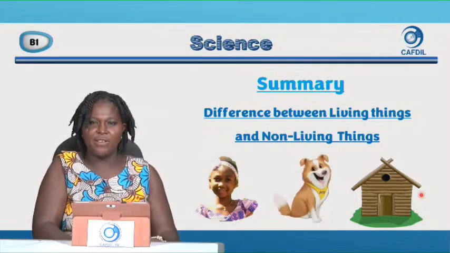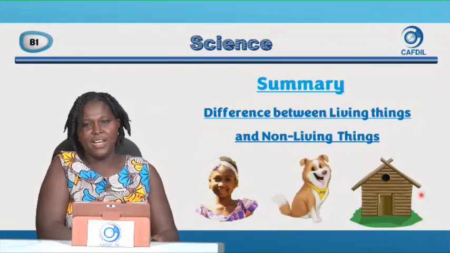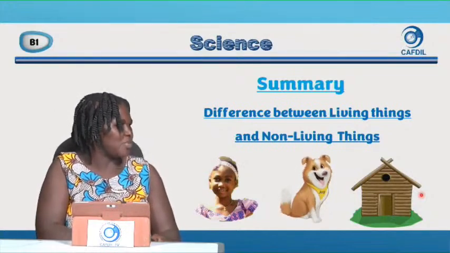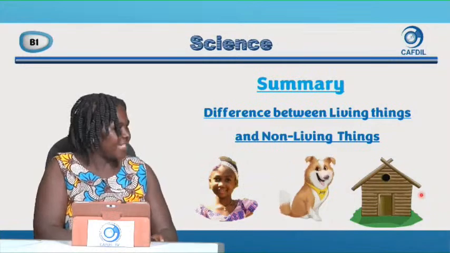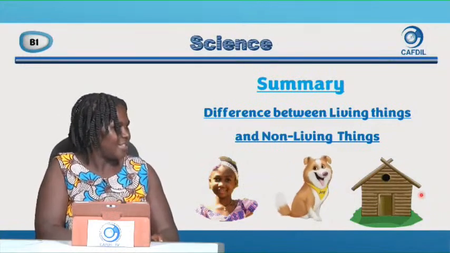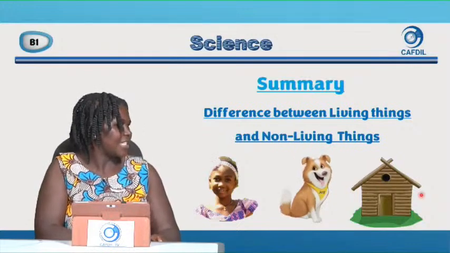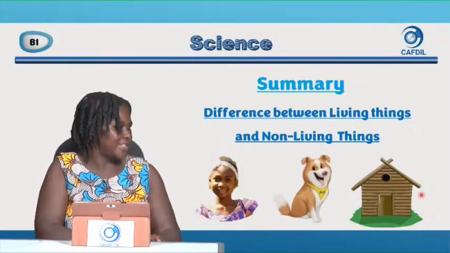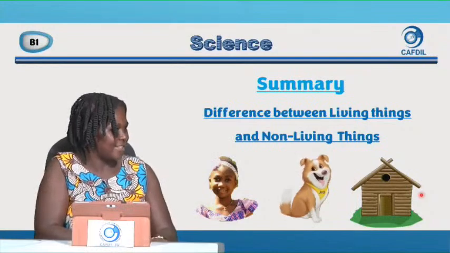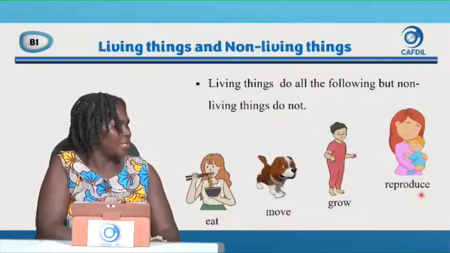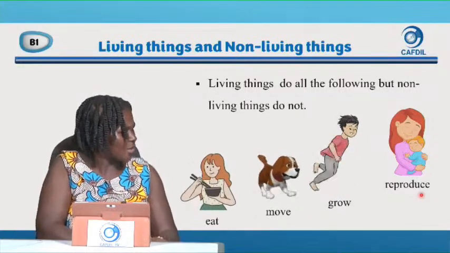Now you have done very, very well. Now let's come to the summary of the difference between living things and non-living things. Living things do all the following, but non-living things do not.